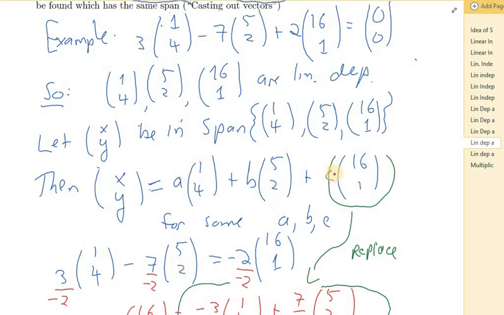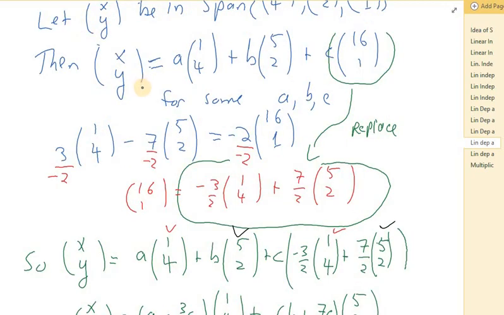Then I go ahead and replace the (16, 1) here with the expression in terms of (1, 4) and (5, 2). So let's go ahead and do that. All right, (16, 1) equals minus 3 halves (1, 4) plus 7 halves (5, 2).